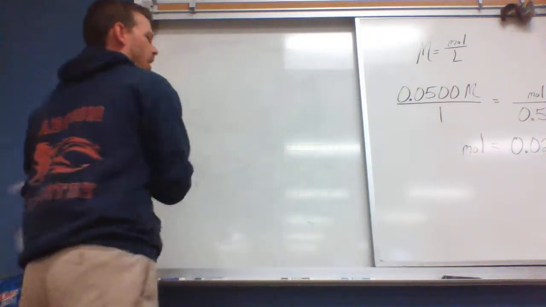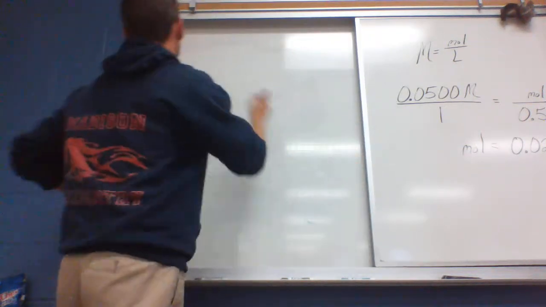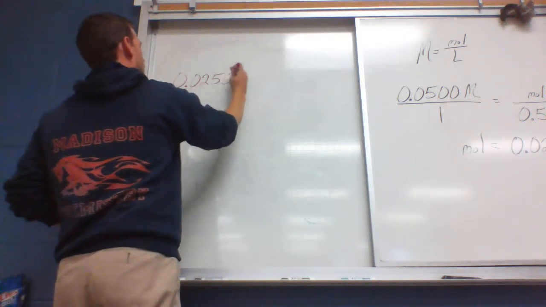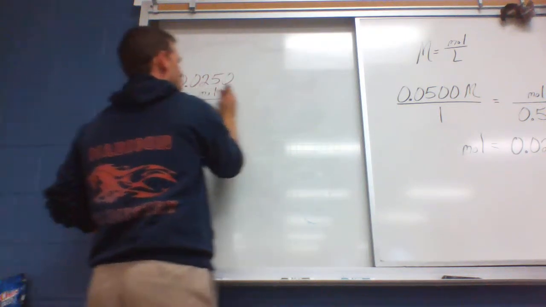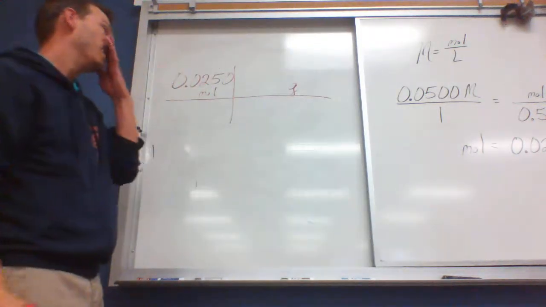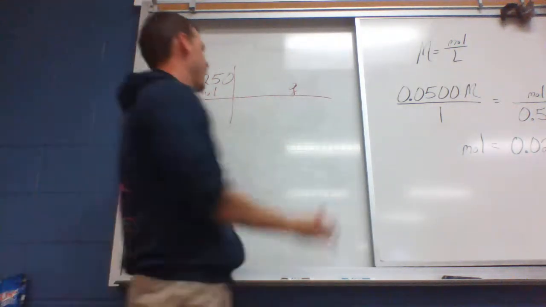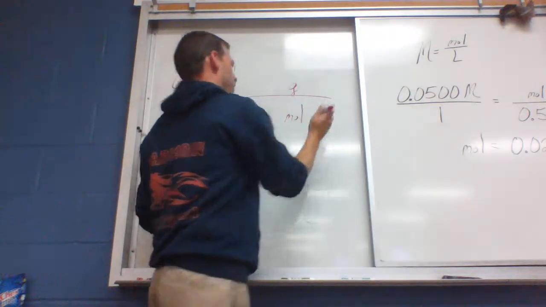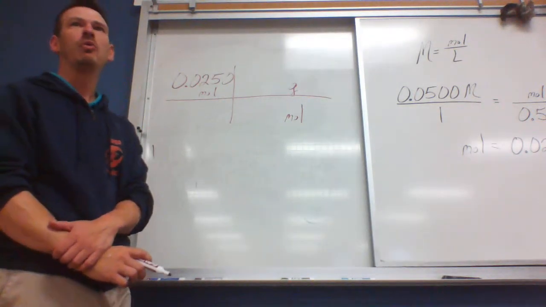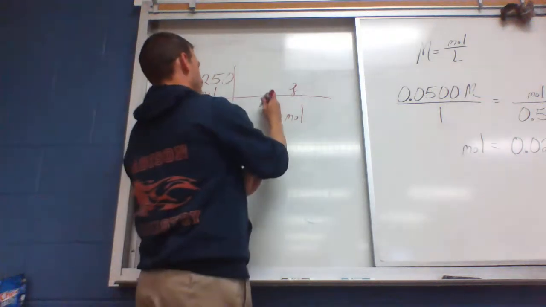Okay. So we could take my mole count of 0.025, and we just want to turn that into grams. All right, we want our diagonals to match. Our conversion factor is 1 mole equals periodic table grams.